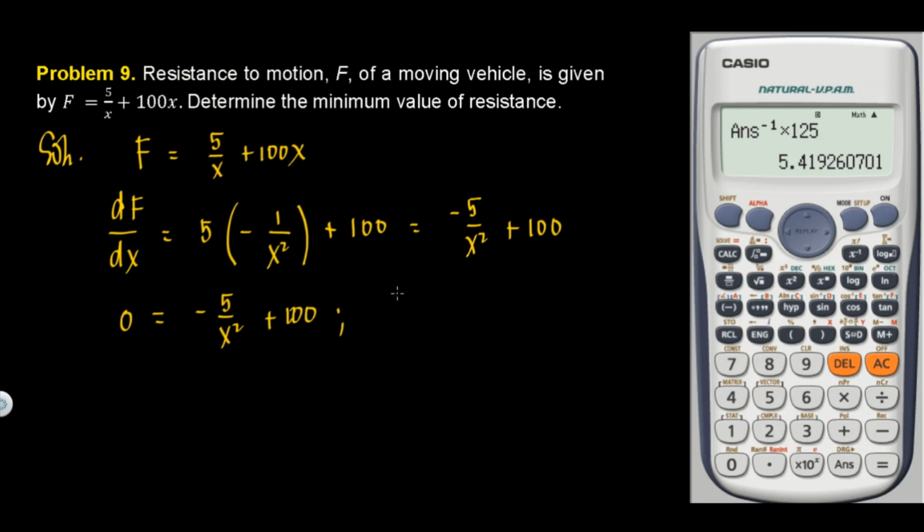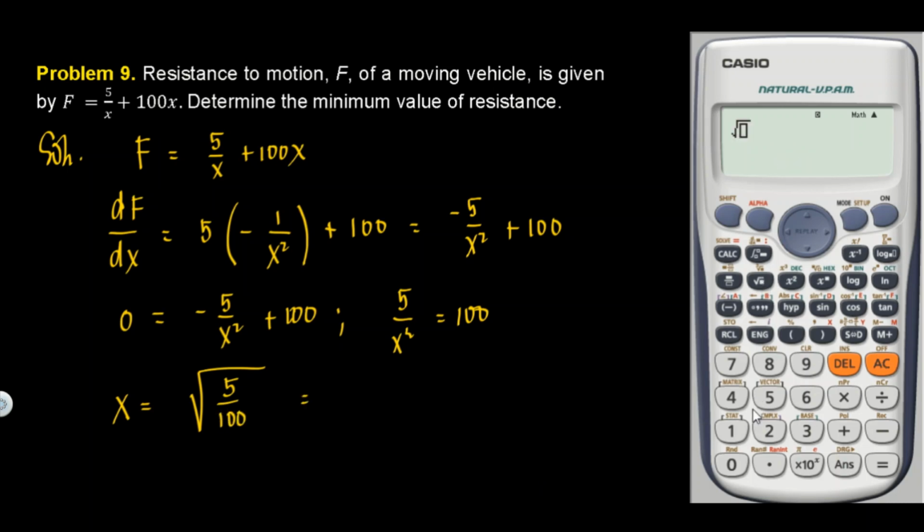So we have minus 5 over x squared plus 100 equals 0. Or 5 over x squared equals 100. Then solve for x. So we have here x equals square root of 5 over 100, which equals 0.224.